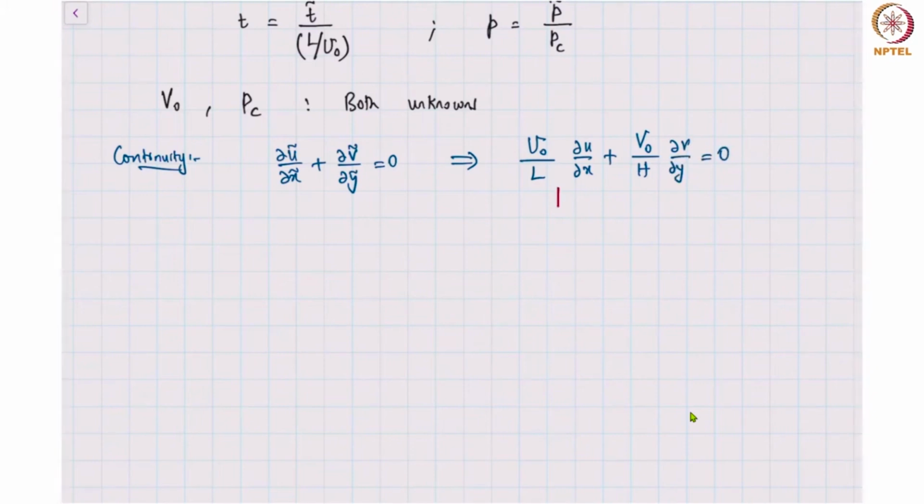The scale of the first term is u naught by L, and the scale of the second term is v naught by h.